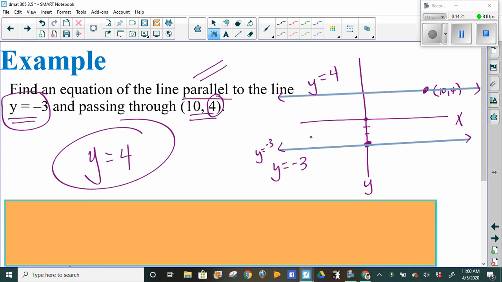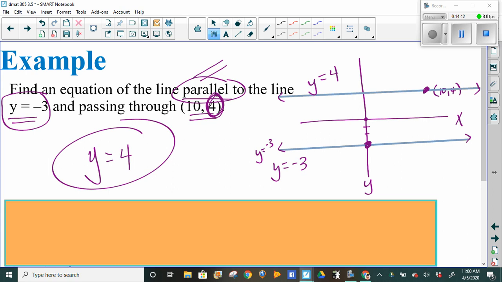So find the equation of a line, y equals 4. So basically, if you need the visualization, then graph the line they give you, graph the point they give you, and then draw your parallel lines. If you don't need the visual, then as long as you know that this is a horizontal line, then you know this one is also going to be horizontal.